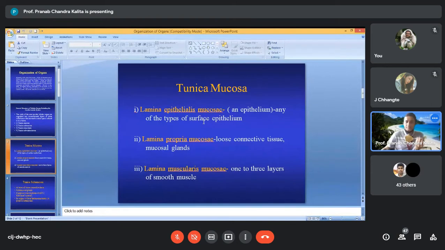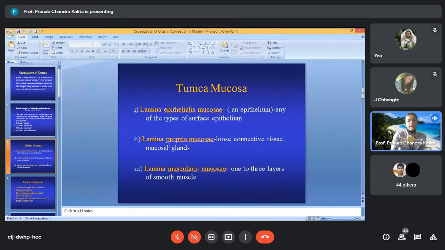Depending upon the organs, this epithelium varies. In some organs, lamina epithelialis may be simple cuboidal, in some simple columnar, in some stratified squamous, in some simple squamous. Depending upon the particular organ or the function of the organ, that epithelium varies.